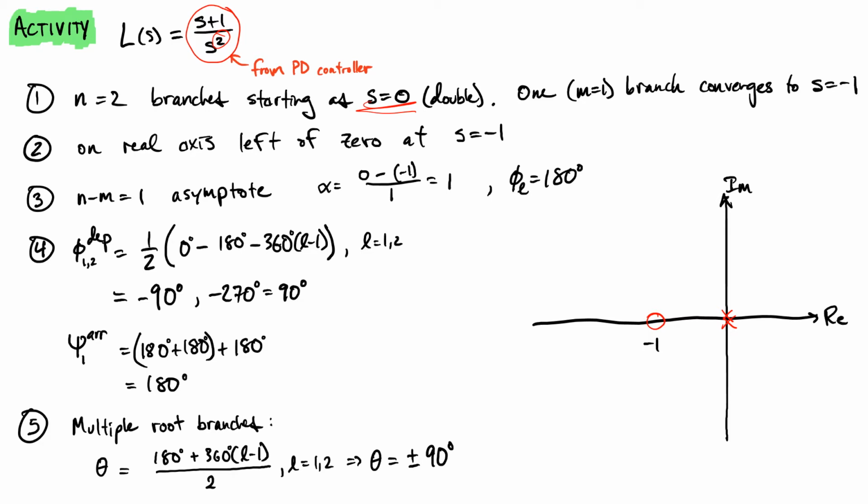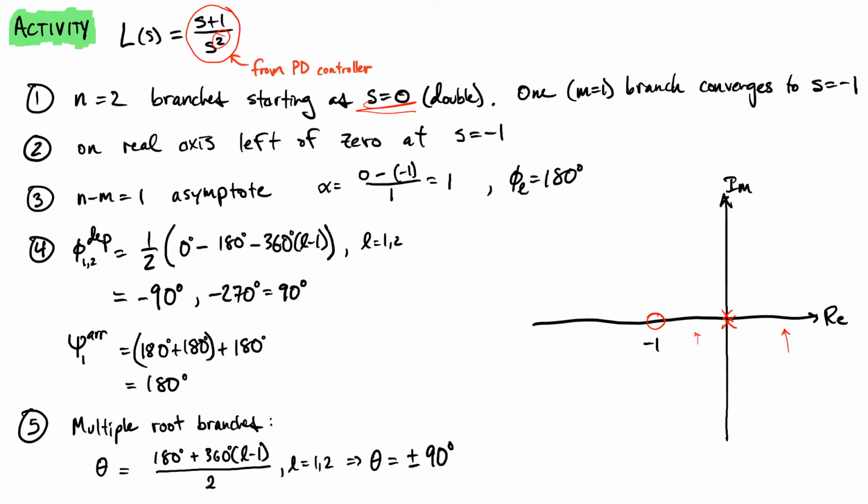Now we actually have something interesting to say from rule 2. To the right of the double poles, in the positive real axis, this is to the left of 0 poles and zeros, so that's even, so it's not going to be on the real axis here. In between the double pole and -1, it's to the left of an even number of poles and zeros.